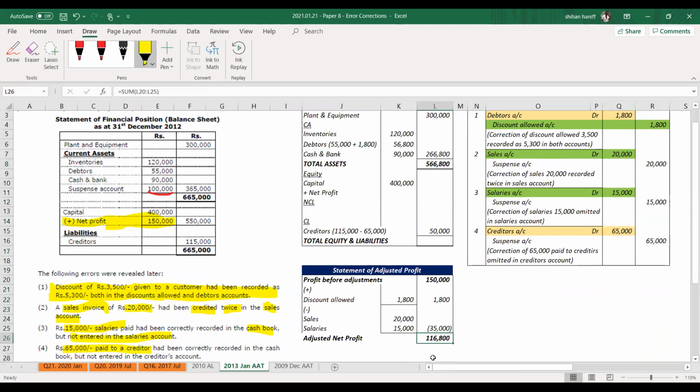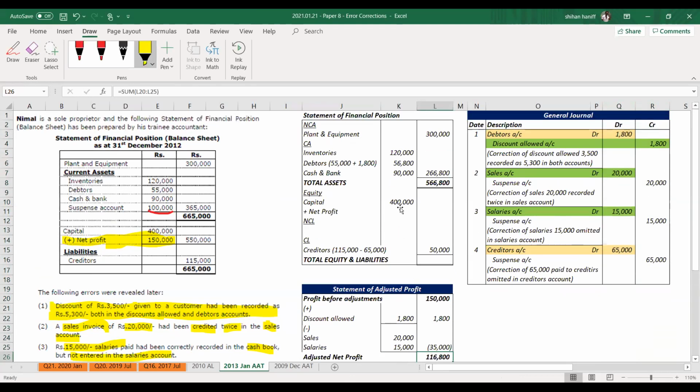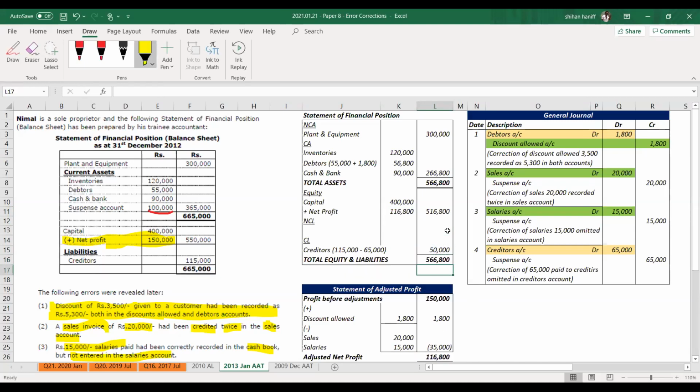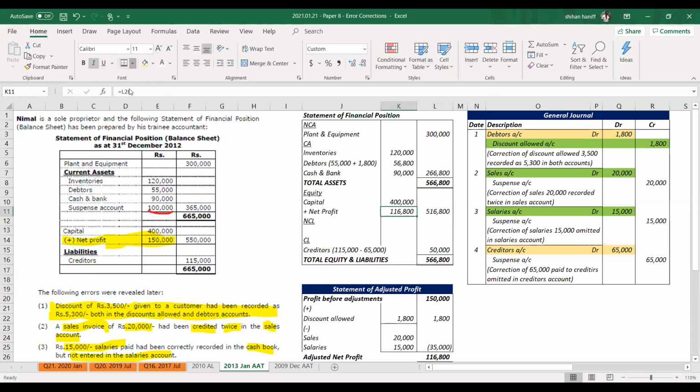So the adjusted profit will be 116,800. And finally, if we balance this, we get the answer 566,800 total assets.